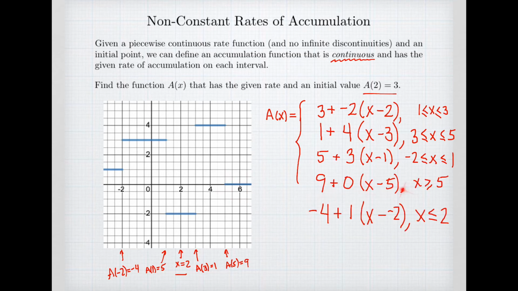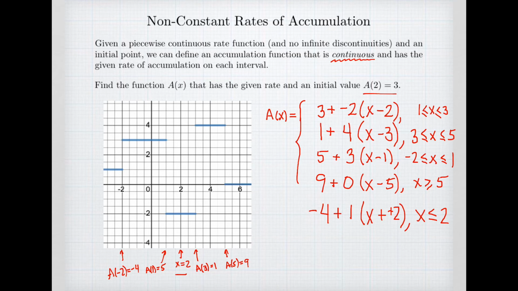I have point-slope formula. I have my starting value plus the change in x, the change in the function, which is the slope times delta x. And on the other end, I have an initial value of negative 4 plus the slope times delta x. And here, when I subtract negative values, I can think of that as plus, so x plus 2.